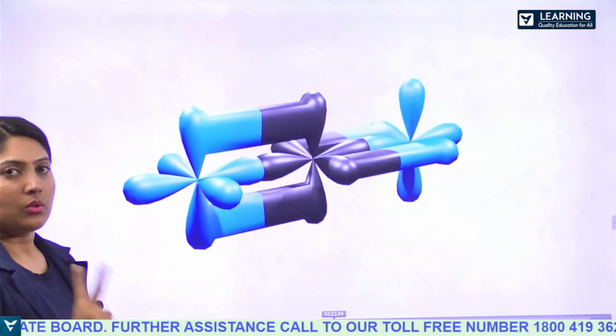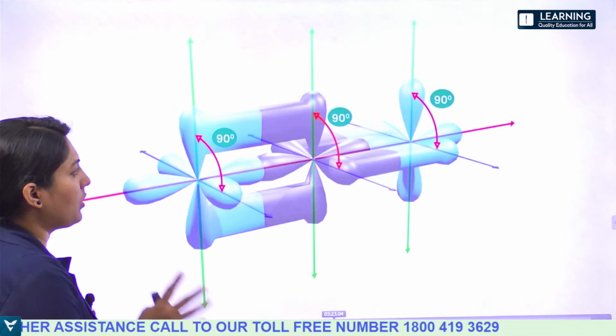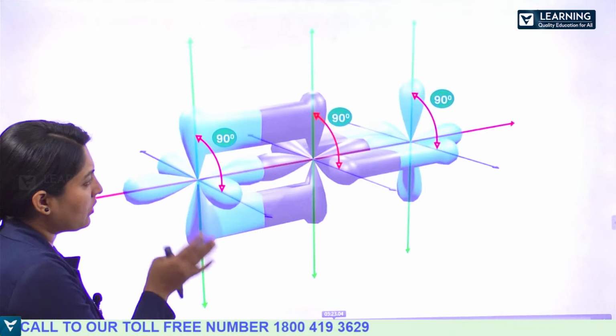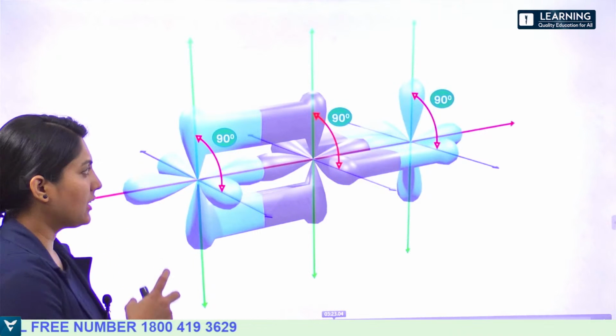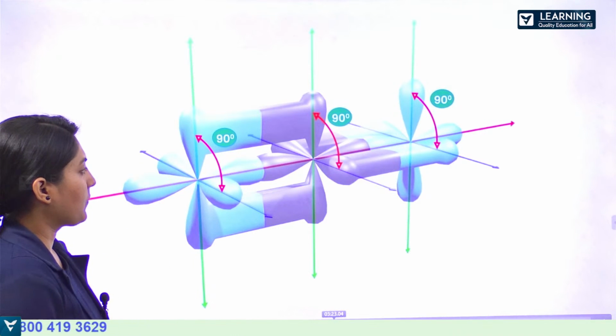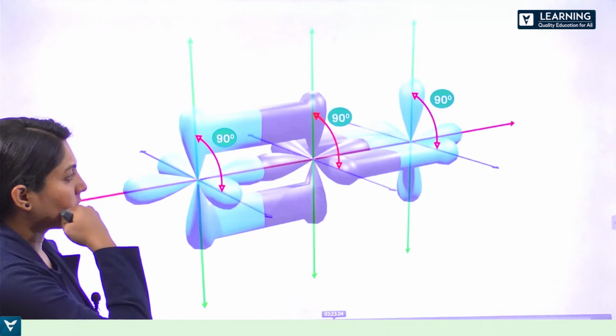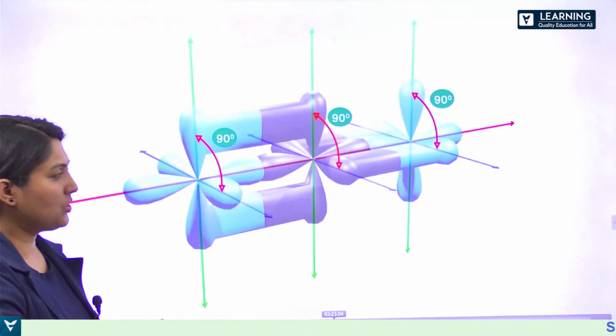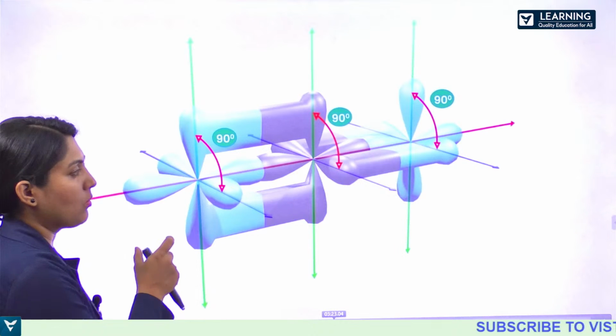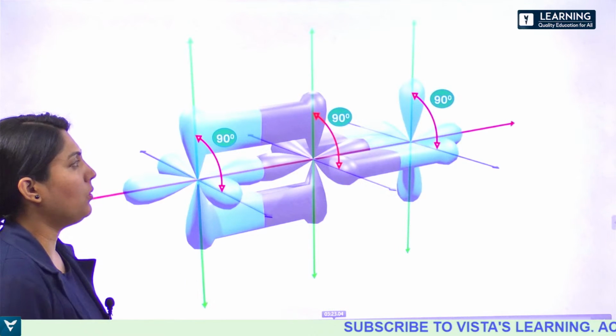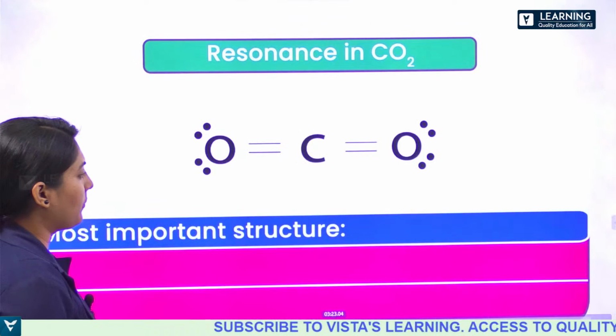So in total, 2 sigma bonds and 2 pi bonds are formed. Here you need to know each pi bond will be at a 90-degree difference. So it has a linear structure, from one O to the other O.